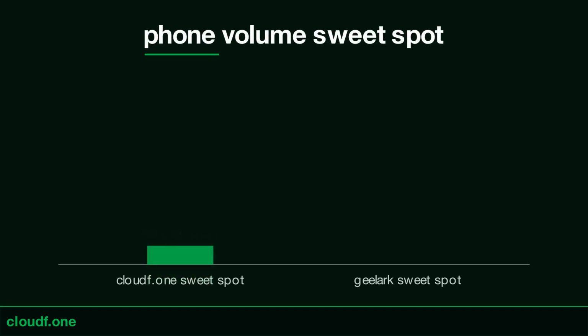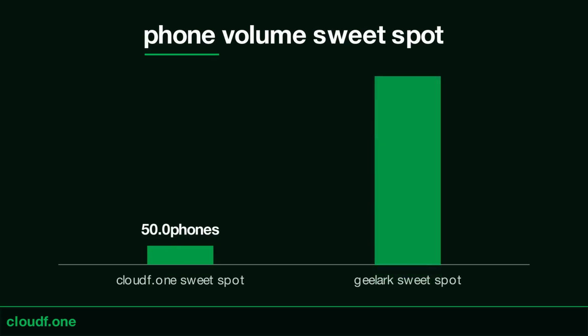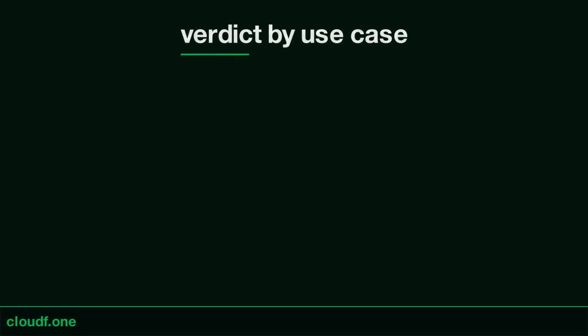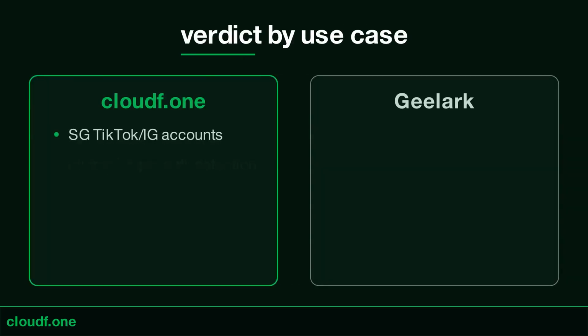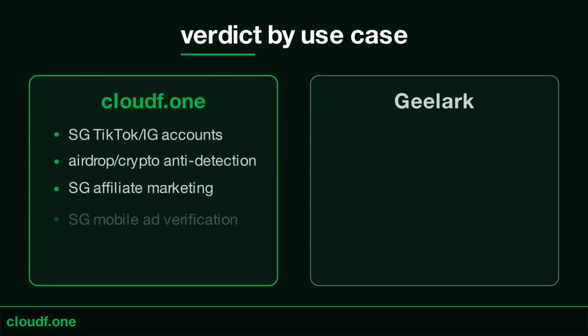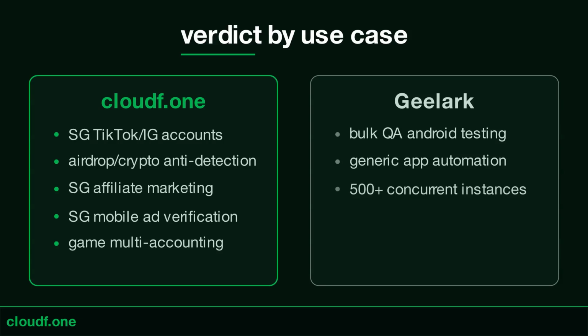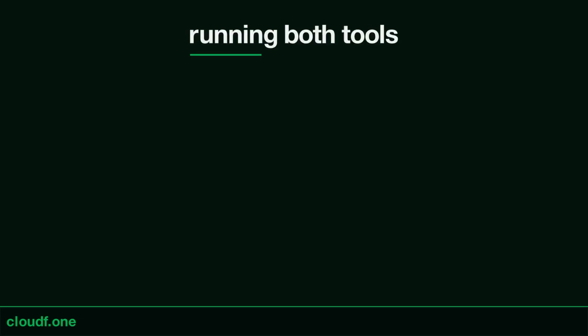Verification of SG mobile inventory: Cloud.one. 500 concurrent Android instances: Geelark. Many operators run both: Geelark for testing and bulk work, Cloud.one for the production accounts that actually carry revenue.